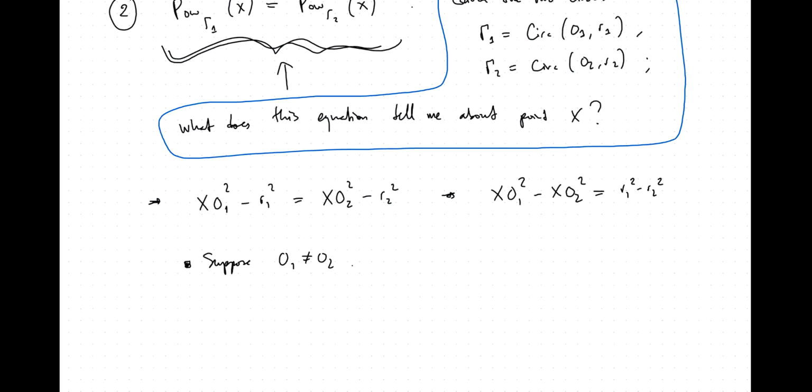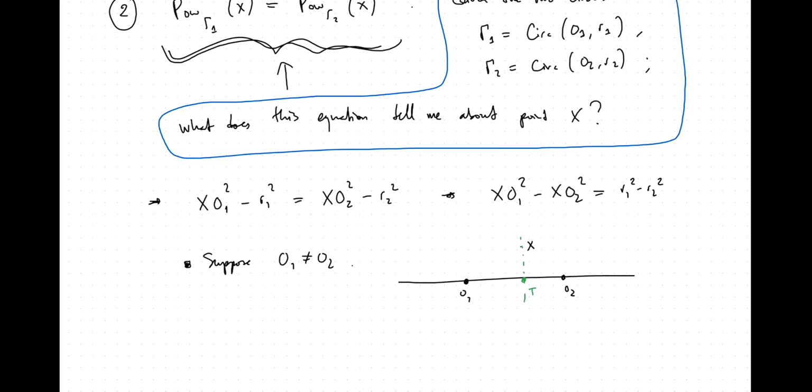In this case, for a general point x, xo1 squared minus xo2 squared is simply, if you draw the perpendicular from x to O1O2 and call the foot t, one can write a formula like xo1 squared equals xt squared plus to1 squared, and xo2 squared is xt squared plus to2 squared.